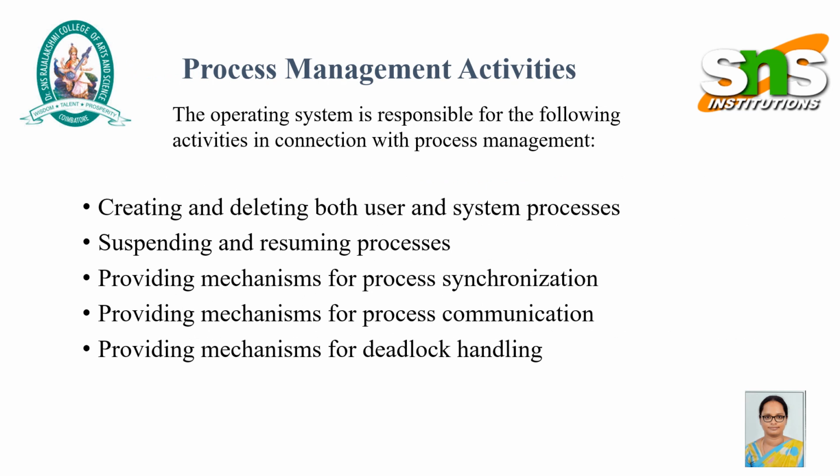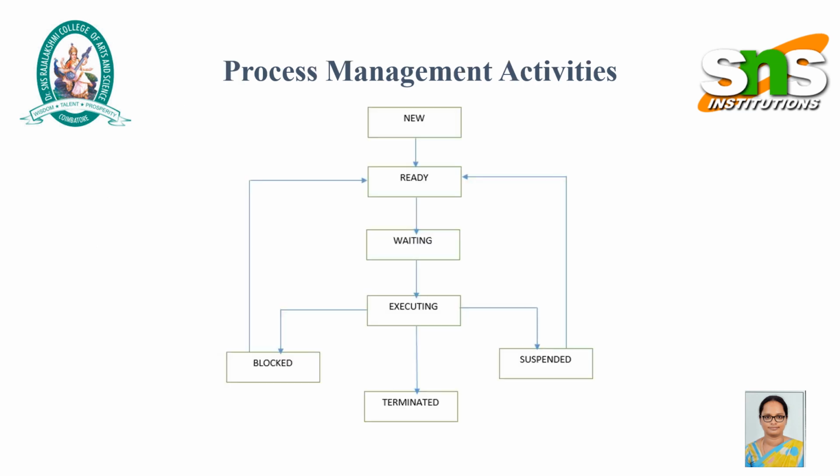Process management activities include creating and deleting user and system processes, suspending and resuming processes, providing mechanisms for process synchronization, providing mechanisms for process communication, and providing mechanisms for deadlock handling.